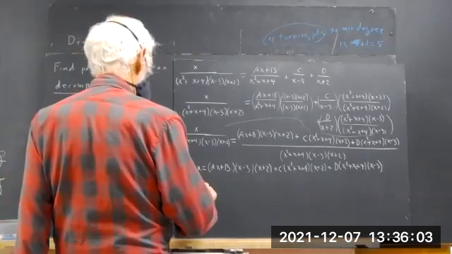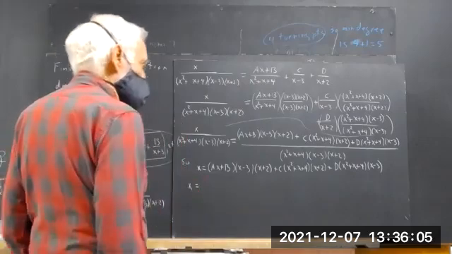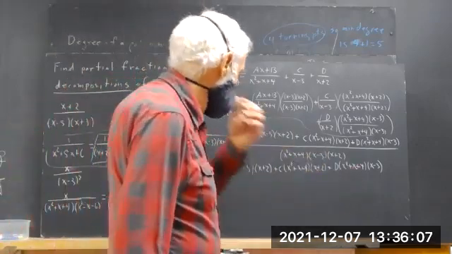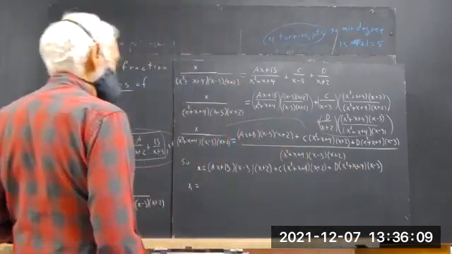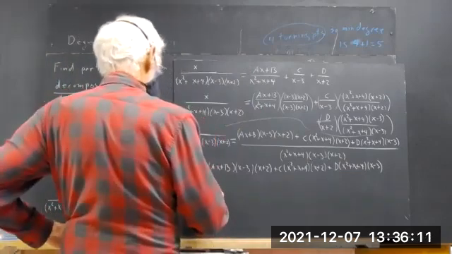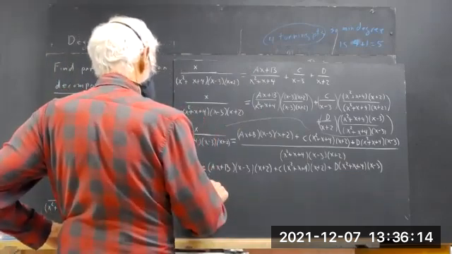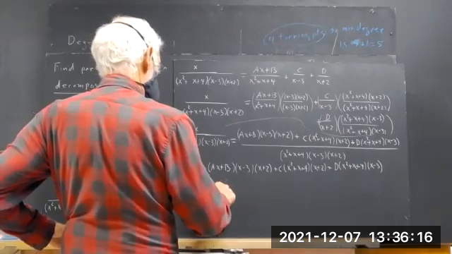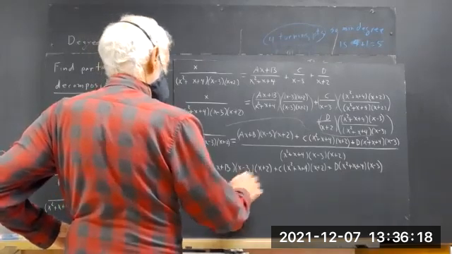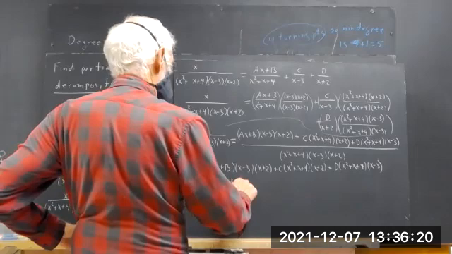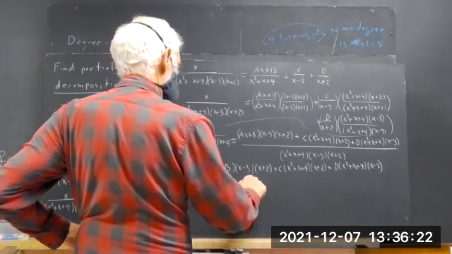Well, I'm going to multiply these things out. It's going to take a couple of steps. x minus 3 times x plus 2 is x squared minus x minus 6.